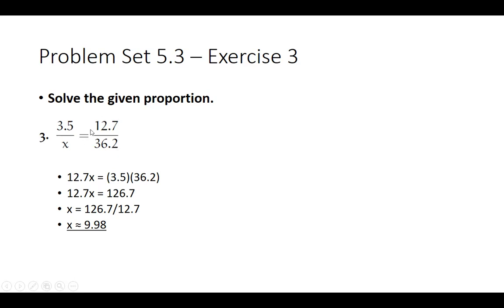Cross products, x times 12.7 or 12.7x equals 3.5 times 36.2. That means 12.7x is 126.7. Divide both sides by 12.7, and 126.7 divided by 12.7 gives us approximately 9.98 for x.